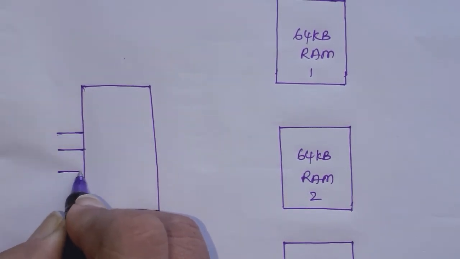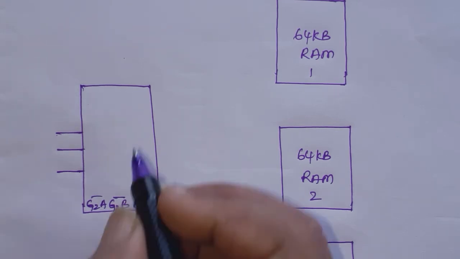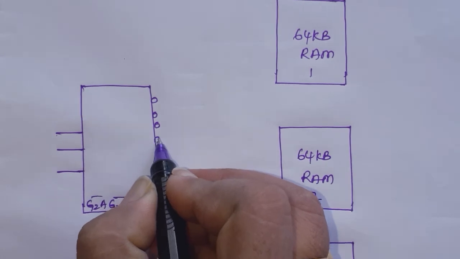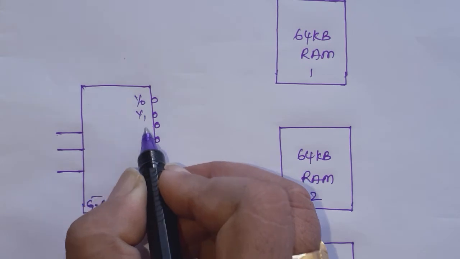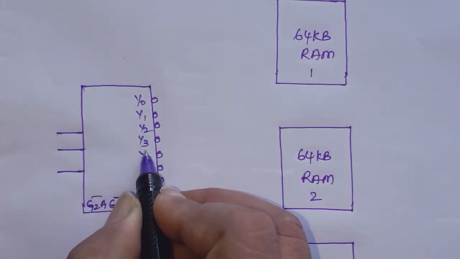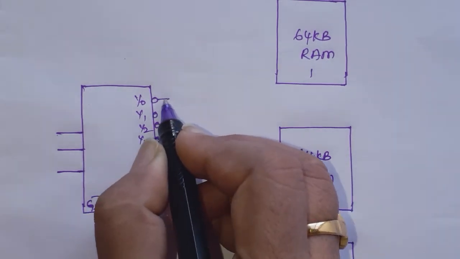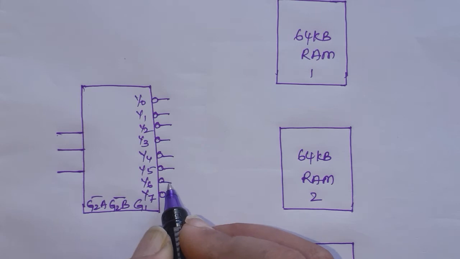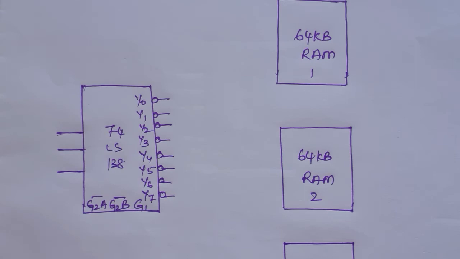There are three select inputs, enable inputs you specify here, and there are 8 outputs. This is the decoder chip.